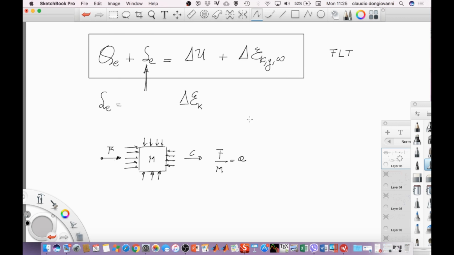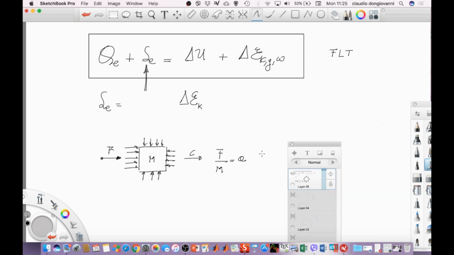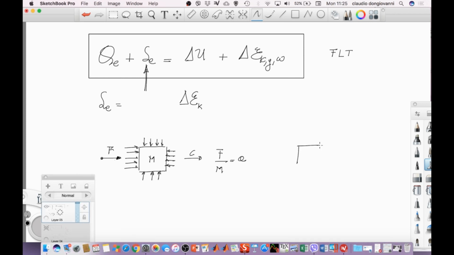Now, think of a similar problem, but now the forces are balanced in the horizontal direction and unbalanced in the vertical direction. So you have a net force in this direction. What happens?